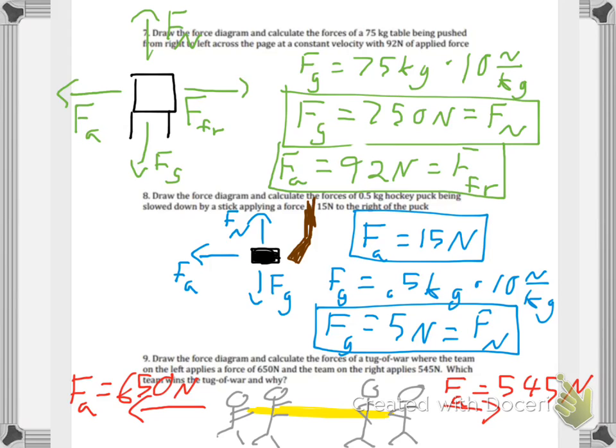Well, the tug of war will be won by the left side here. It's won by the left side because they are applying more force. They're applying 650 newtons while the team on the right is applying 545 newtons. They will win the tug of war, so the rope will be pulled more to the left.